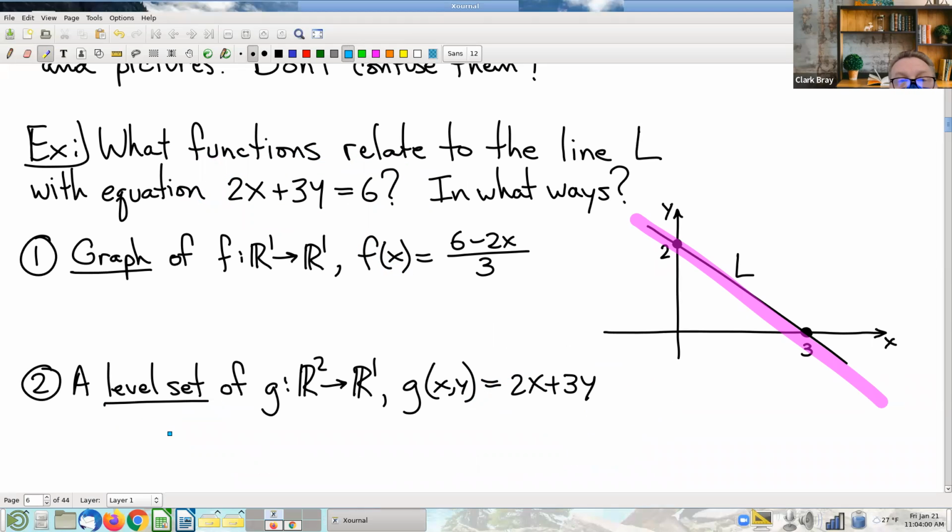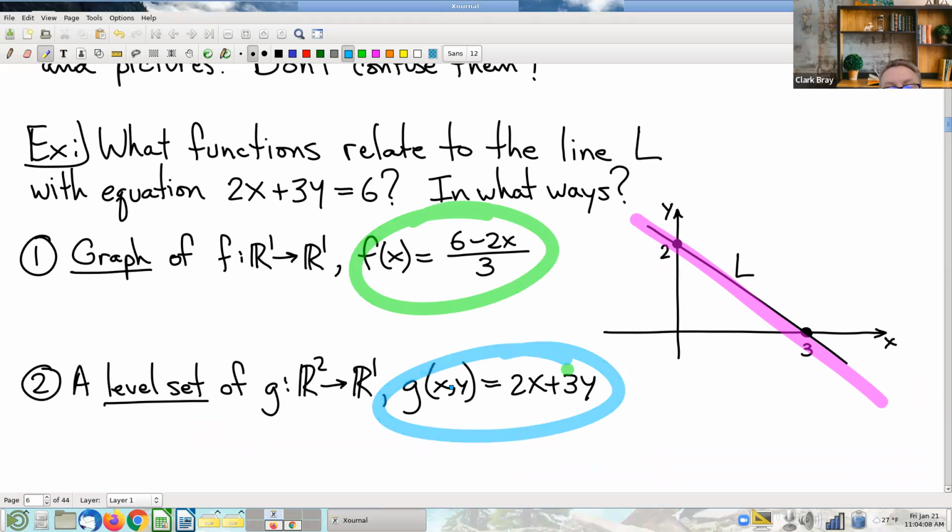Very importantly, though, these are different functions. Can't emphasize that enough. This function and this function are not the same. So which one of these functions should you be doing calculus with? It depends. What we're going to find out eventually, not even that long from now, is that there is what you might call a calculus of graphs.